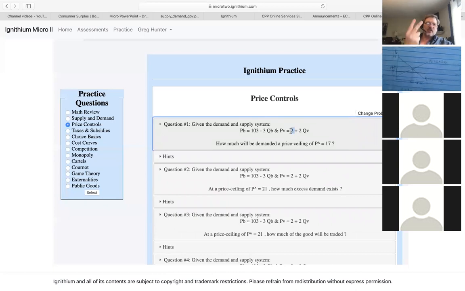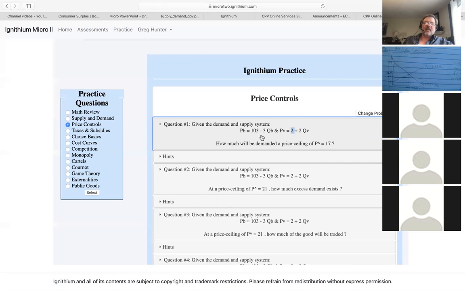Because these are straight lines, you need 2 points. You want to have the vertical and the horizontal intercepts. The vertical intercept is when Q is equal to 0 because we're graphing P on the vertical axis. So when Q is equal to 0, then P is going to be equal to 103. Those are typical points that you would plot if it was just Y and X, right?